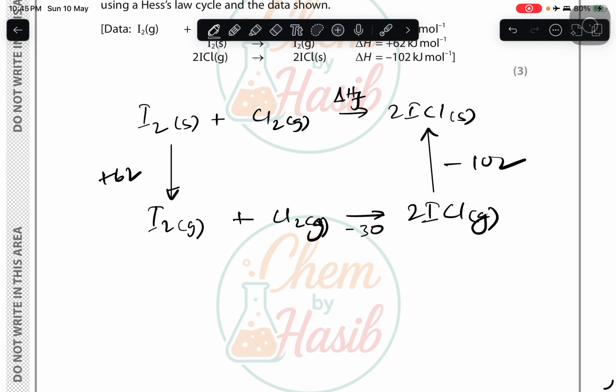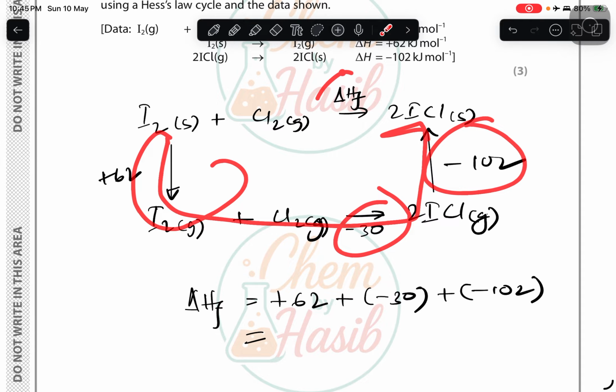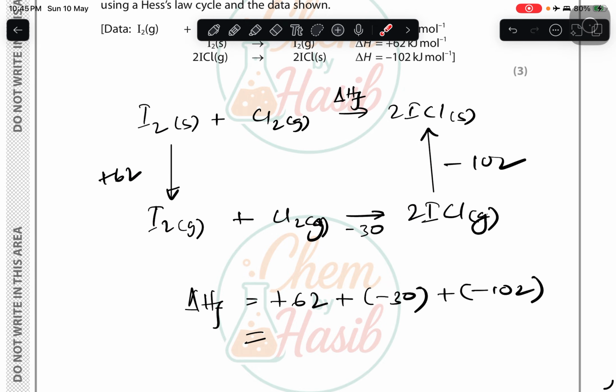So the equation would be, these arrows all are in the same direction. So del HF will be equal to plus 62 plus minus 30 plus minus 102, because all the three arrows point to the same direction. So you add all of them, and that would be equal to the formation enthalpy, right?